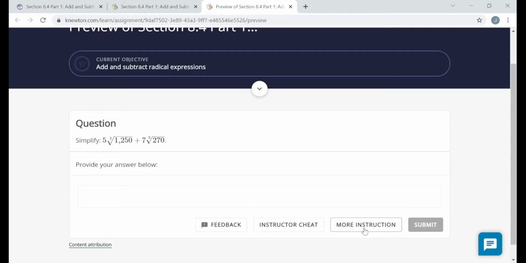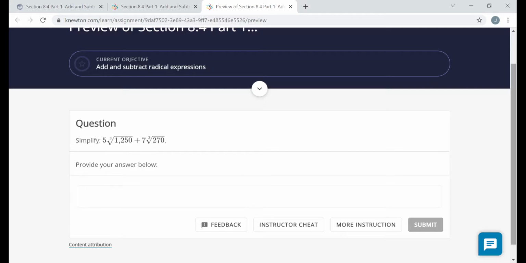If you click on the more instruction button, you'll be provided with extra reading material or videos or both that will hopefully help you in that particular objective. As I said, there's only the one objective here, add and subtract radical expressions. And my first question involves cube roots and adding.